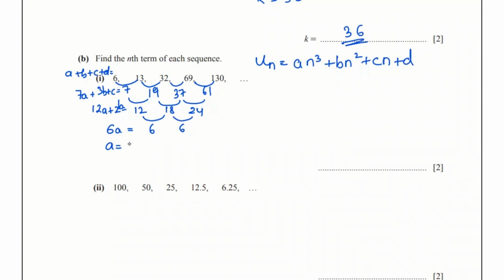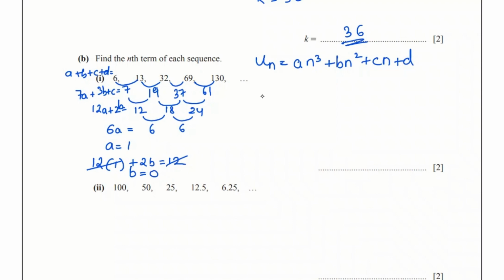A is 1, so 12 into 1 plus 2b equals 12. This 12 and this 12 get cancelled off, so 2b equals 0, and b equals 0 upon 2, which gives 0.